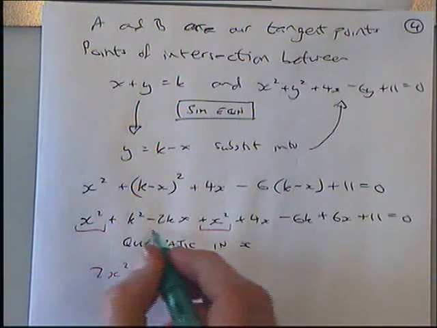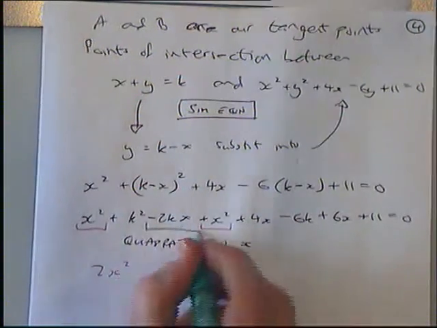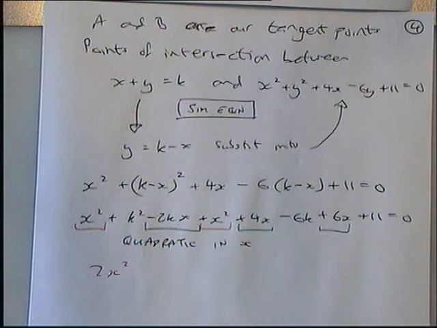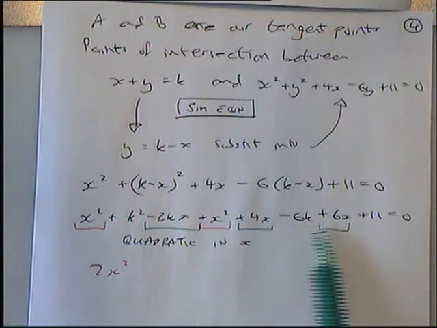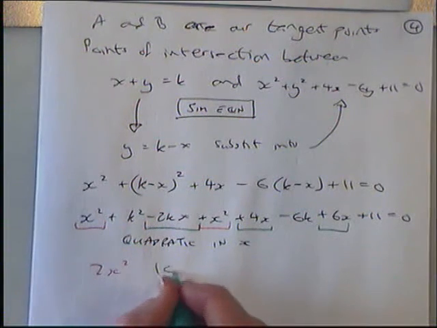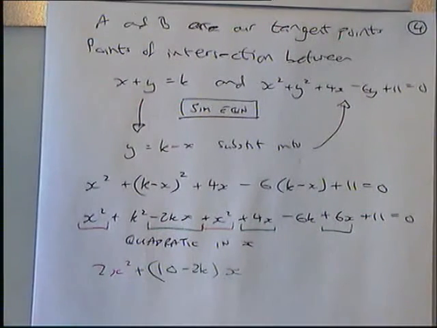x bits there. There's an x bit. There's an x bit. Right, these two x bits make 10x, and I'm taking off 2k. So I've got 10 minus 2k, lots of x, which has to be added on. And then I'm left with bits without any x's in at all.